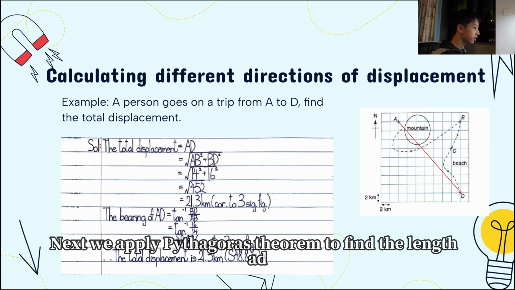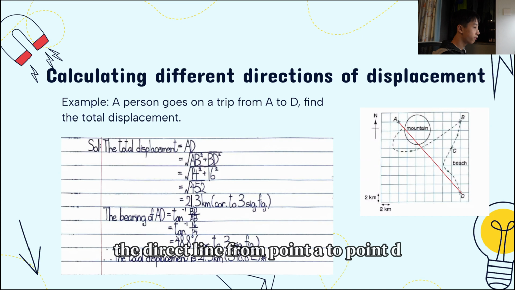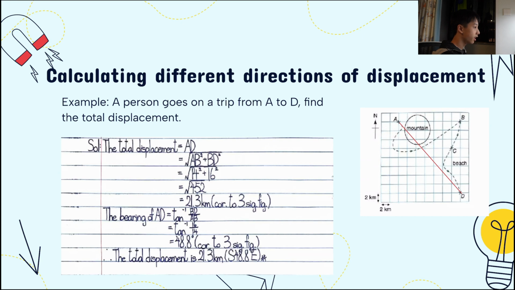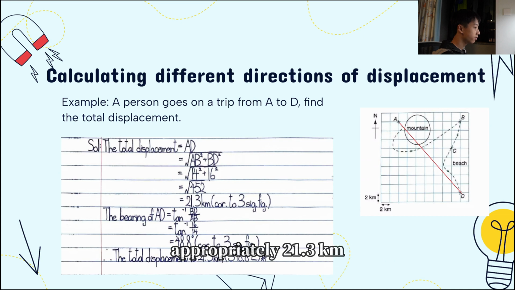Next, we apply the Pythagorean theorem to find the length AD, which represents the direct line from point A to point D. According to the theorem, we calculate the square root of the sum of the squares of AB and BD, leading us to find that the length of AD is approximately 21.3 kilometers.